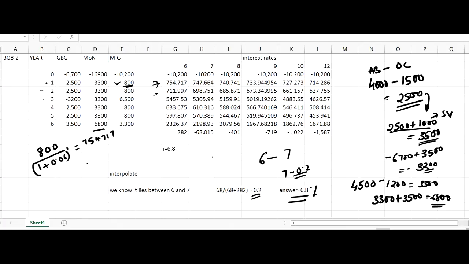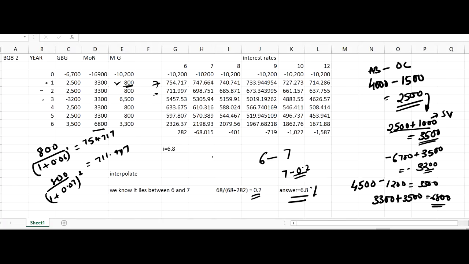Next, 711.997 is calculated as 800 divided by 1 plus 0.06 raised to power 2. Similarly, for different cases, if it is 7 percentage, this will change to 0.07, for 8 percentage, and so on and so forth.